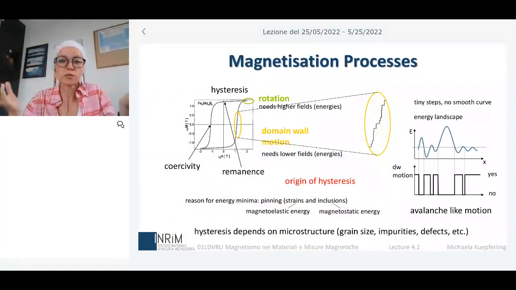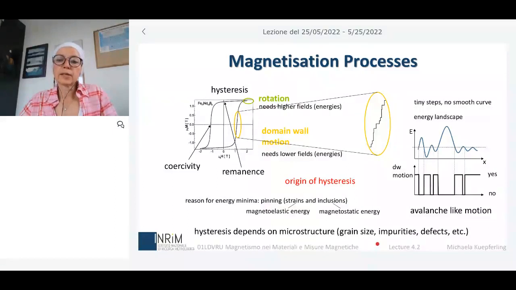Microstructure, grain size, for example, can be changed by the processes that we apply during preparation, something like annealing temperatures and annealing times. Impurities and defects are also influenced very much by the preparation technique and so on.